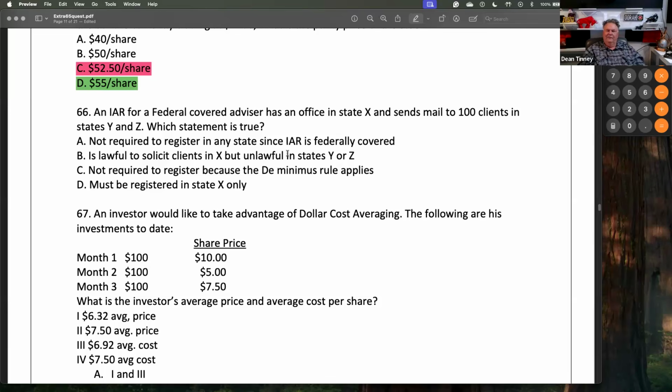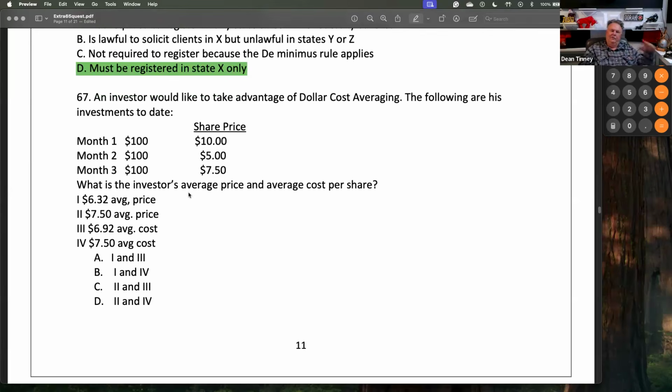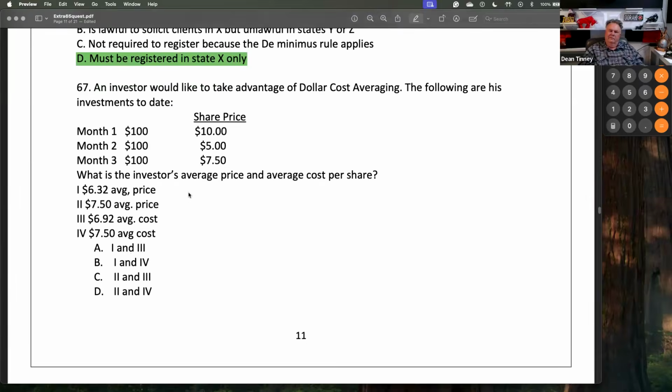I just told you federally covered advisors only have to be registered in a state in which they have a place of business. Boom. That's very much it. When you're doing these questions, the minute you're federally covered, you go, okay, wow, life is good. All that other stuff is just if you're state covered.